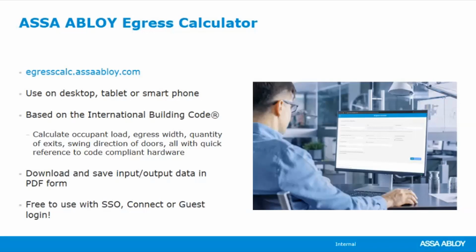Right now it stops at 2018, but the other one will be out any day now. You can download and save your input and output data, including those code references, in PDF form, and it's free whether you're an ASSA ABLOY employee using the single sign-on, or an ASSA ABLOY customer, who can get there via Connect, and there's a free guest login if you don't have either.